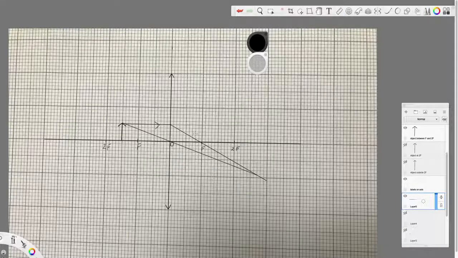There's our rays and our image then forms where those rays meet. I think that's about right. So now that's where our image is.